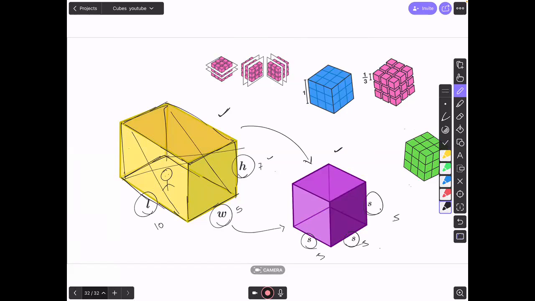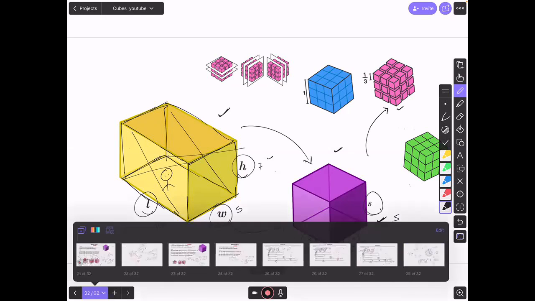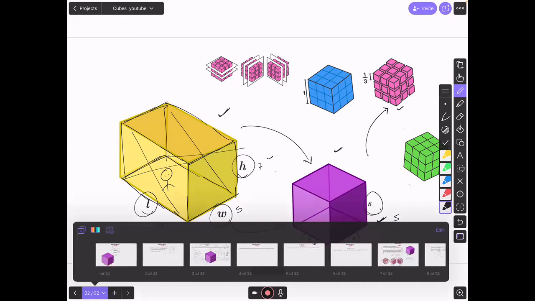So your room itself is a cube. What is the best example of a cube? The Rubik's cube, which we use to solve puzzles, match colors, right? That is the best example of a cube. So this is how a cube looks like.